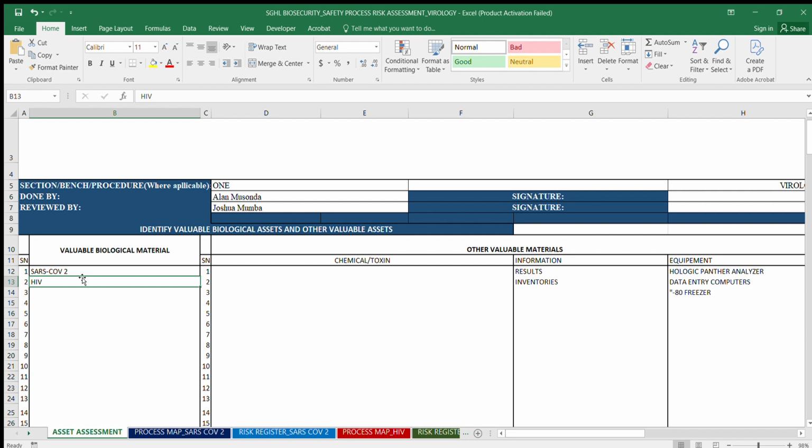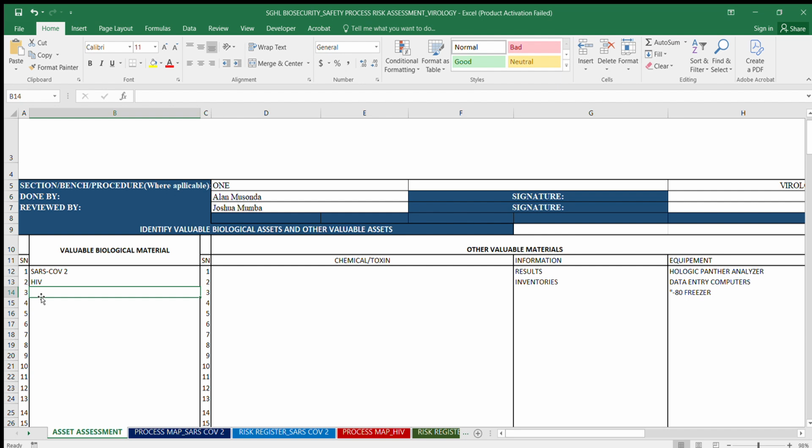After you do your hazard identification, you may identify 2 biological agents that may be of value to you as a laboratory. Maybe you have identified SARS-CoV-2 as well as HIV as your valuable biological materials. After you do the identification, the next part is to look at what is special about these agents that makes them assets.